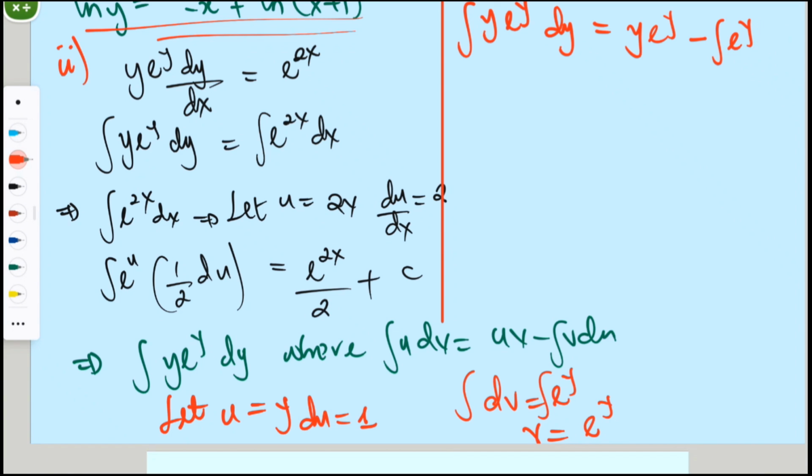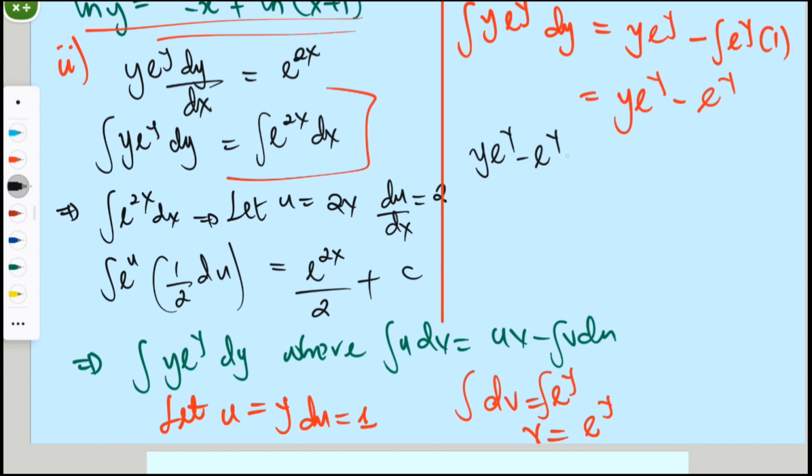Du was 1, so times 1. Okay, this should be y e to the power y minus the integral of e to the power y, which is still e to the power y. So this would be equal to y e to the power y minus e to the power y equals the right hand side, which was e to the power 2x over 2 plus c.